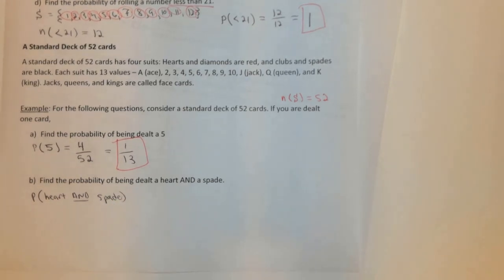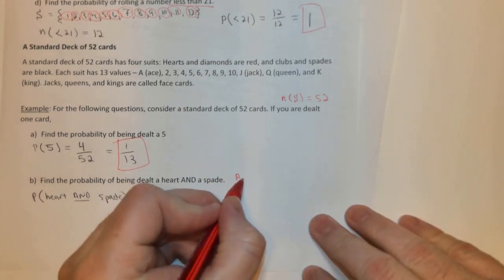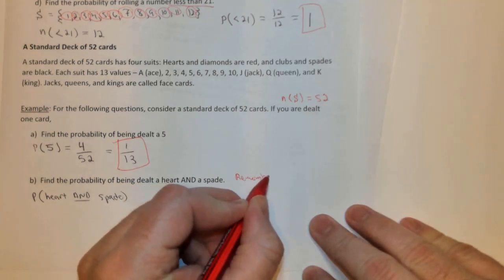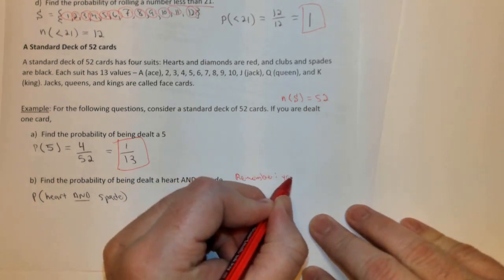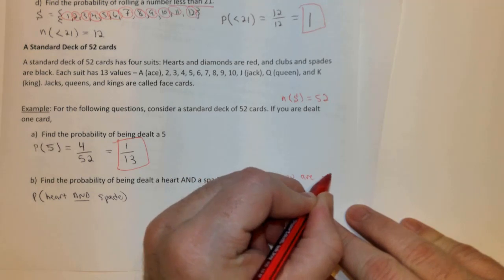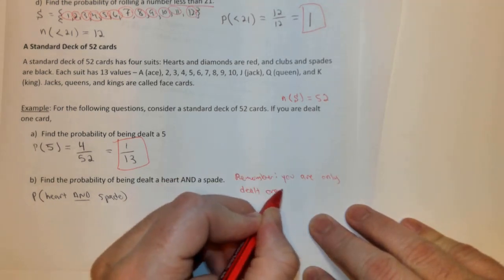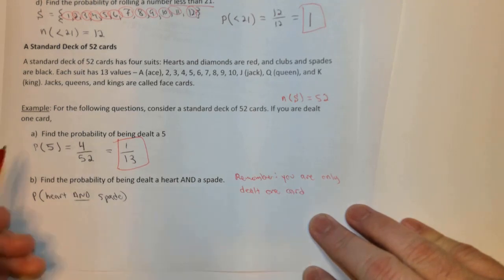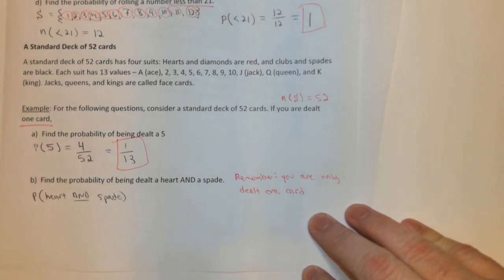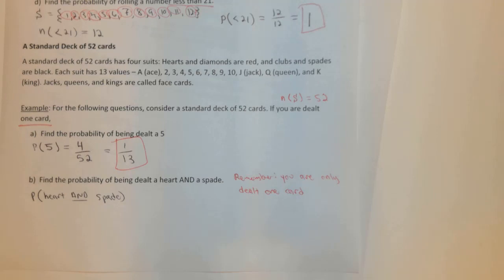Remember, you're only dealt one card. So if you're dealt one card, what's the probability that it is both a heart and a spade?